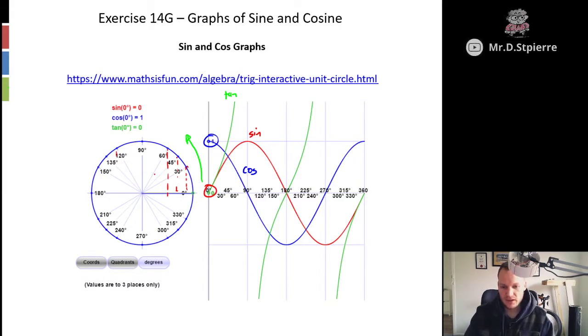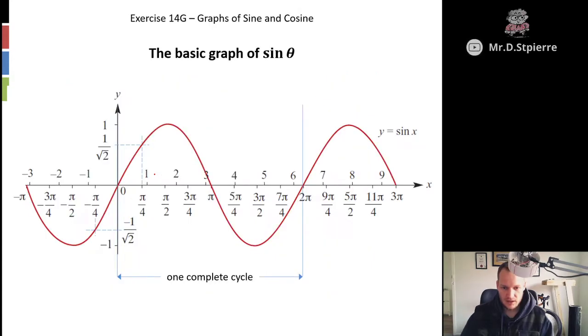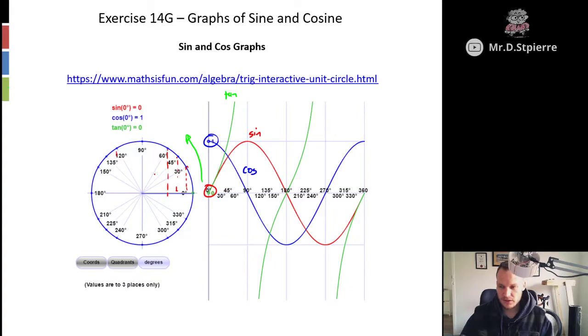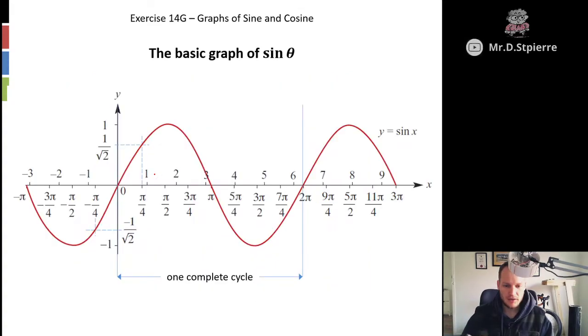That's not very efficient. So what are the patterns? What are the properties of a sine and cos graph that we can use to make sketching really efficient? The first one is that it's going around the unit circle, it's repetitive. Therefore, that means the graph of sine or cos or tan repeats.